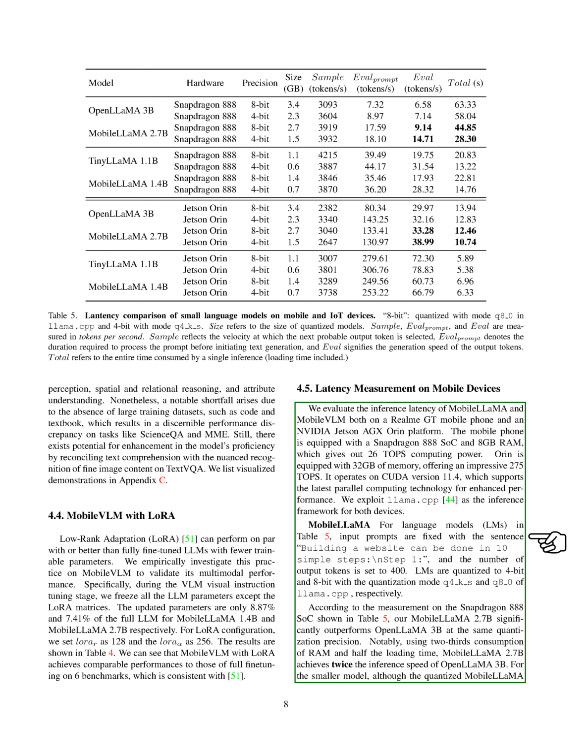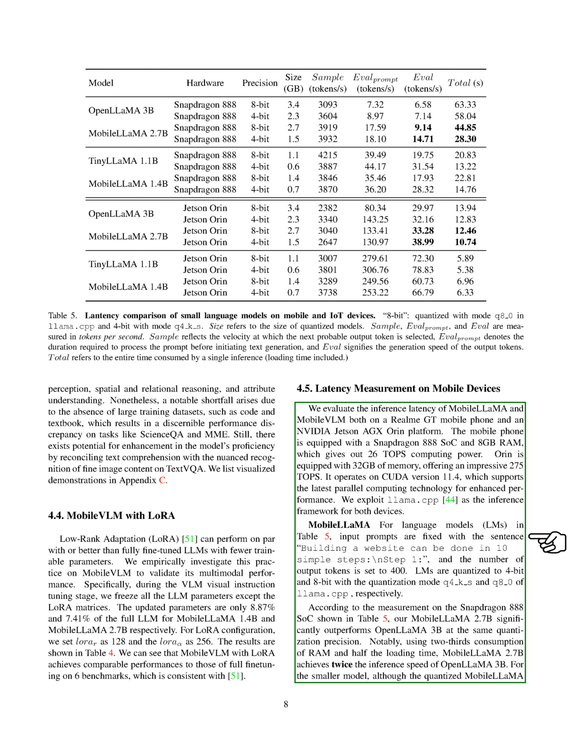In Section 4.5, we measure the inference latency of MobileVLM and MobileVLM V2 on a Realme GT mobile phone and an NVIDIA Jetson AGX Orin platform. Our MobileVLM 2.7B model significantly outperforms OpenLLaMA 3B at the same quantization precision on the Snapdragon 888 SoC.